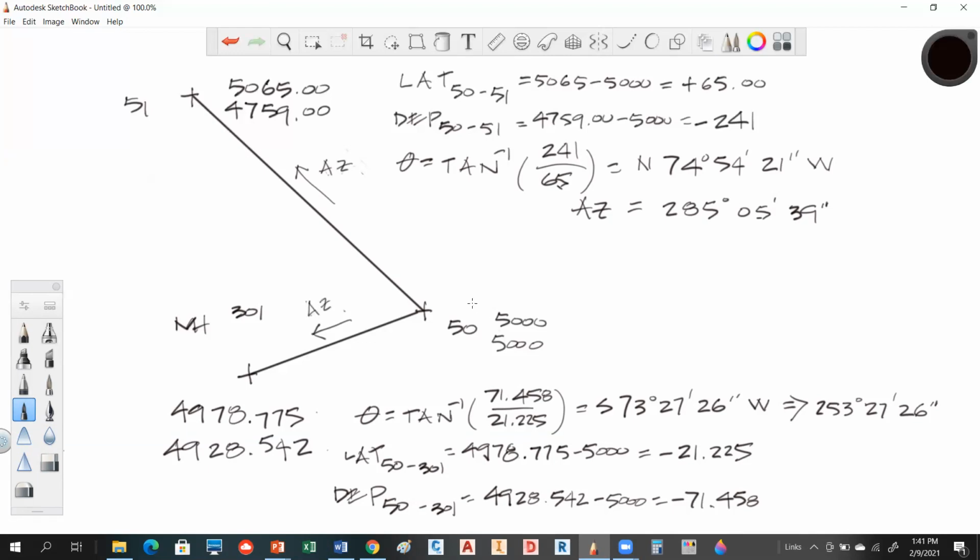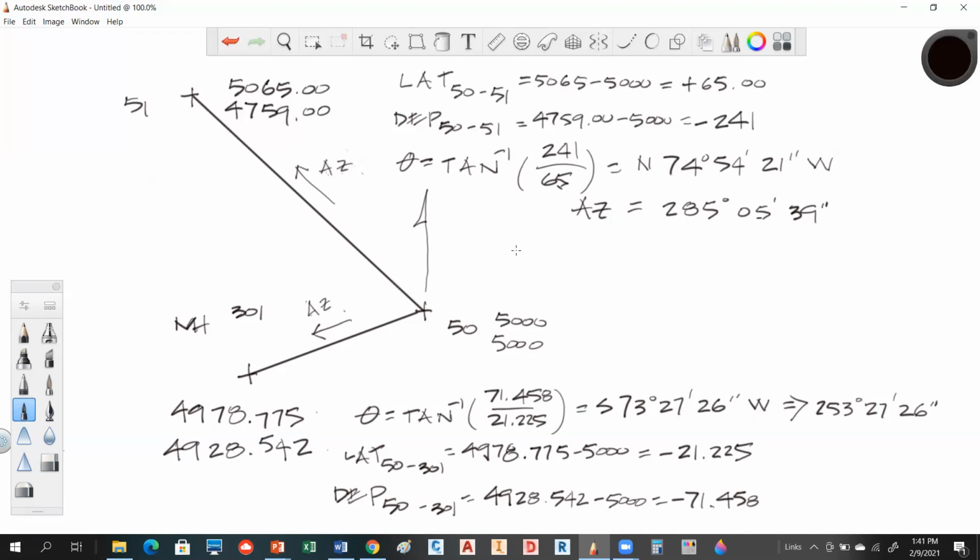Oh, that's cool. So everybody see what he said? Said, look, if this is north, we know this angle coming around. If we subtract that azimuth from 360, which would give us 74, 50, 421, right? Yeah. We just add that to this azimuth right there. So that would work perfectly.